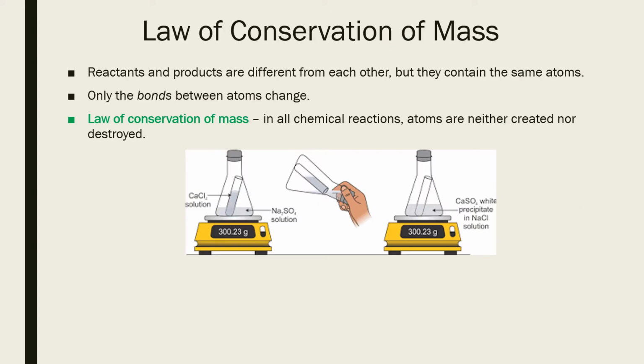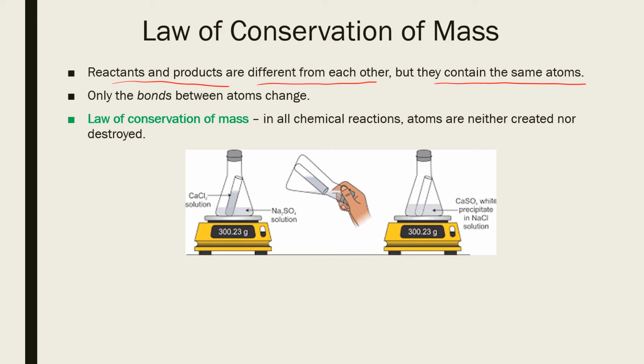So in a chemical reaction, only bonds between the atoms change. Atoms do not change. We do not lose any atom and we do not gain any atom. The bonds between those atoms are changed. Therefore, reactants and products, although different from each other, contain the same atoms.